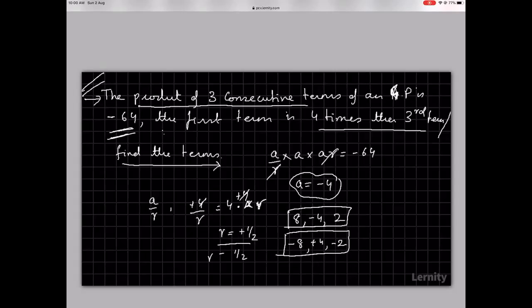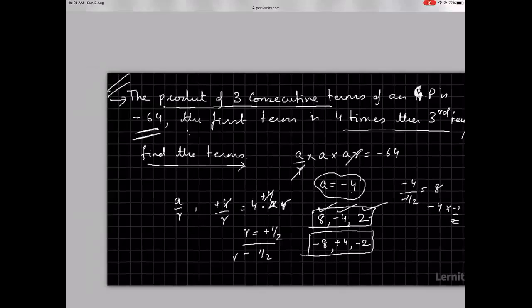So -4 by -½ will become 8. -4 into -½ is 2. So this is when R is equal to -½.